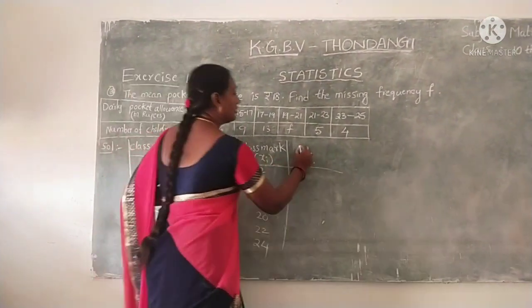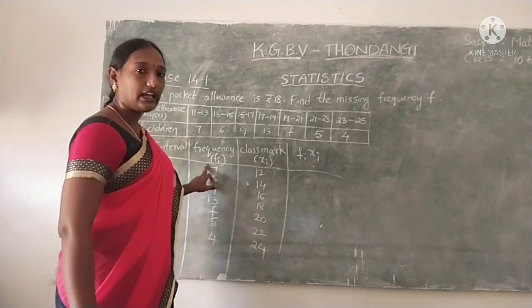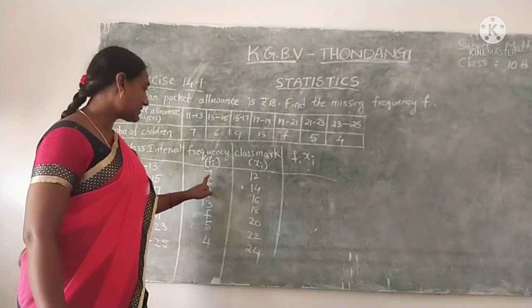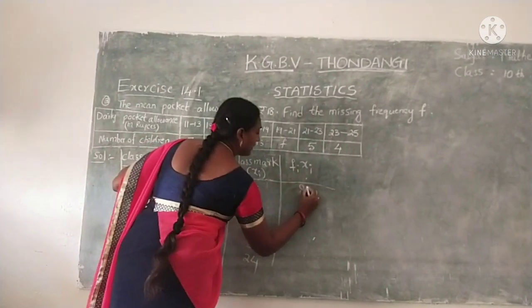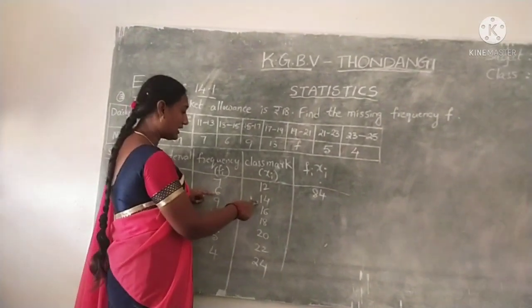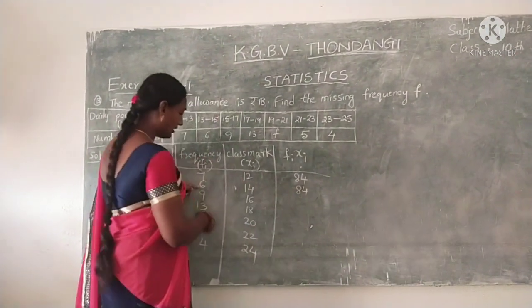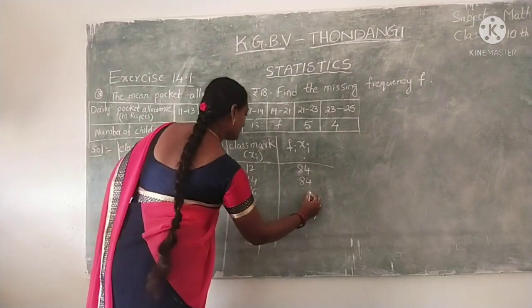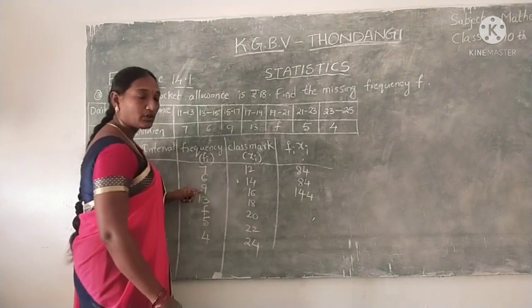Next one. Here we find Fi Xi, that means Fi into Xi. 7 12s are 84. Next, 6 14s are 84. Next, 9 16s are 144.